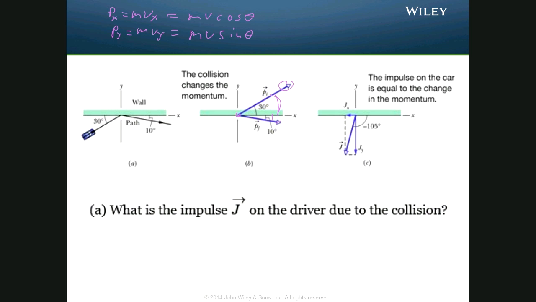So let's look at the initial momentum vector first. So we have here p initial x equals m v initial x, which is m v initial cosine theta 1, right?